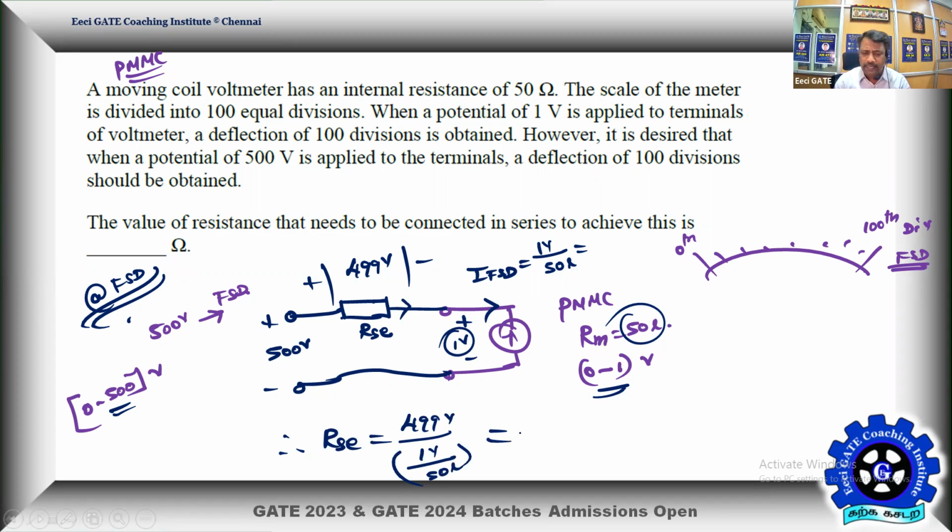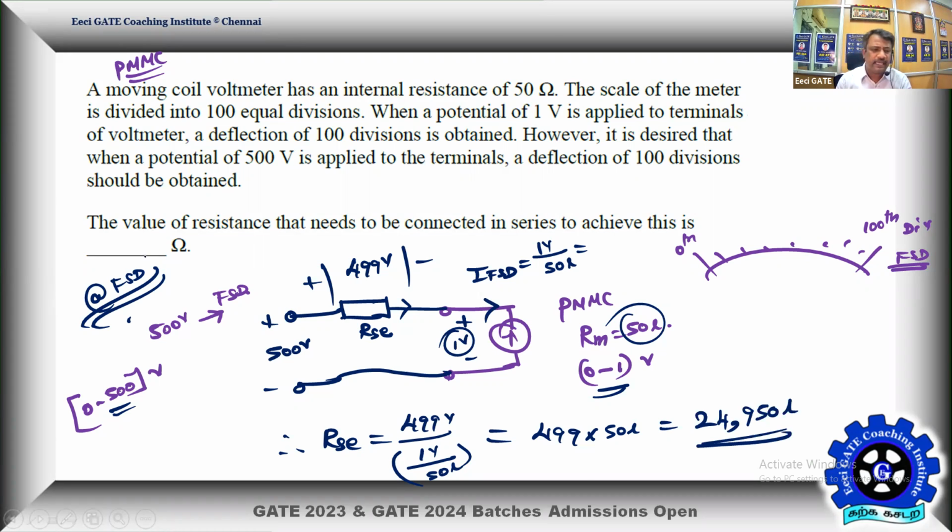I'm not taking you to any other expressions. Very simple, common sense in extension of voltmeter. What do you get then? 499 into 50 ohms as the series multiplier resistance value, and it should be in ohms. So 499 into 50 is 24,950 ohms.